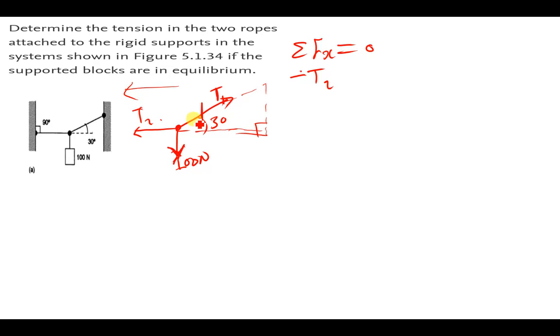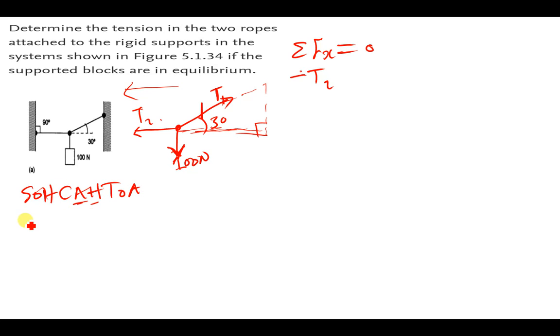Of course the x component of T1 will be, since this is the adjacent and T1 is the hypotenuse, from SOHCAHTOA we're going to use cos, because cos is the one that has the adjacent and the hypotenuse.